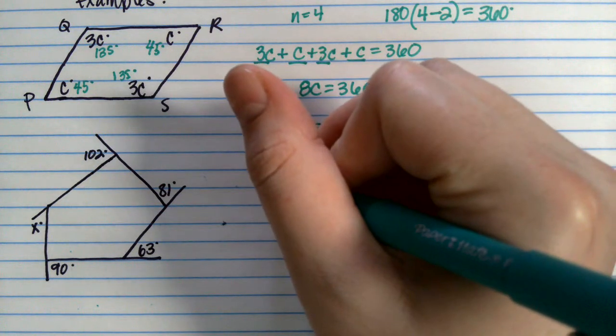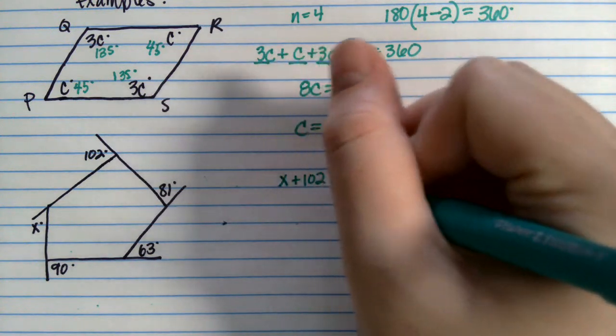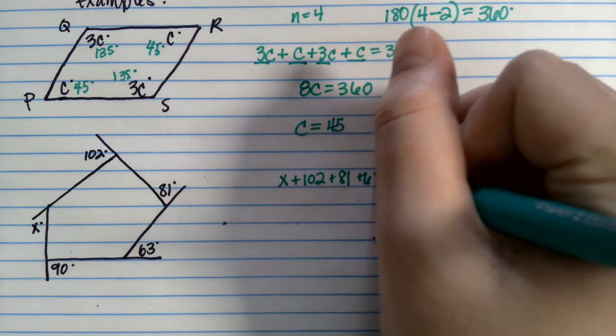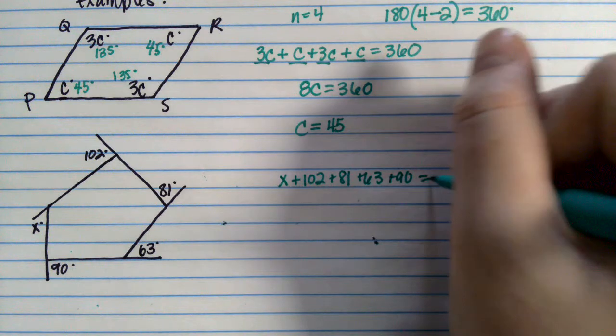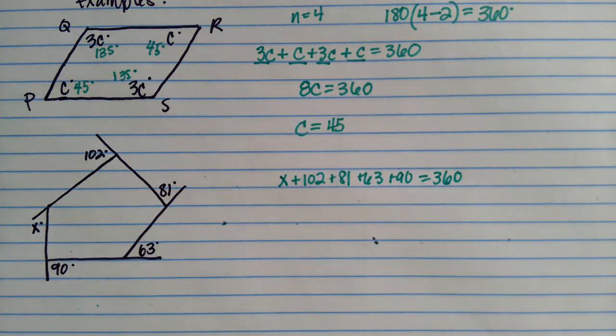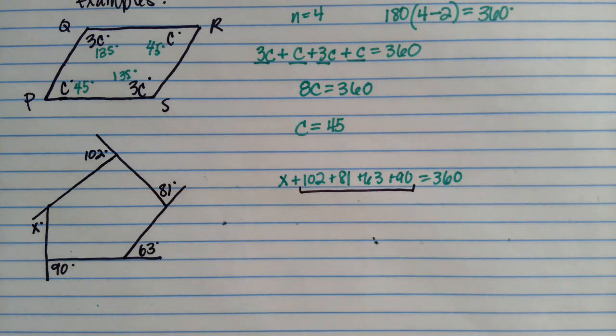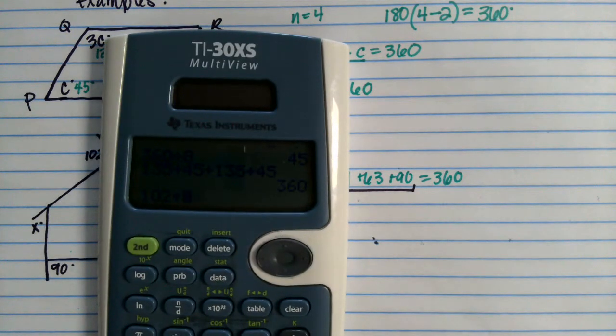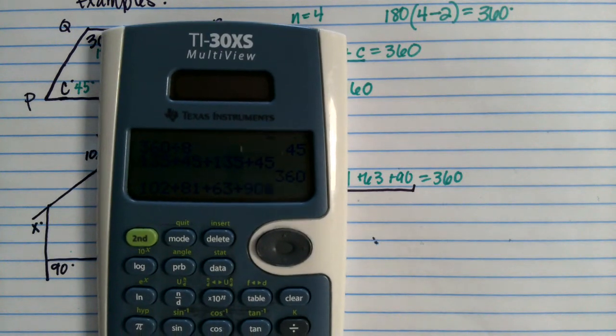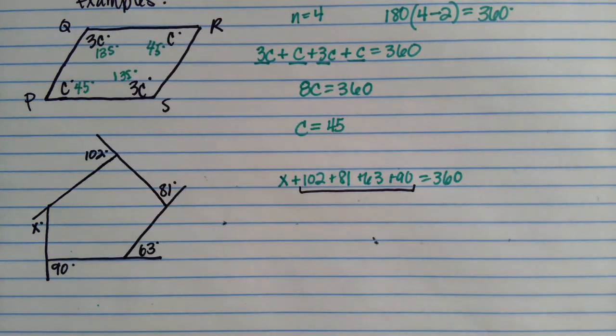So I'm just going to do x plus 102 plus 81 plus 63 plus 90 equals 360. We can combine all those together to get 336.